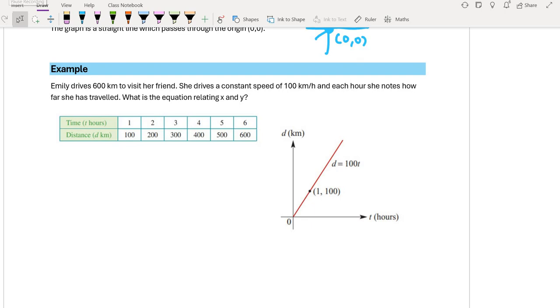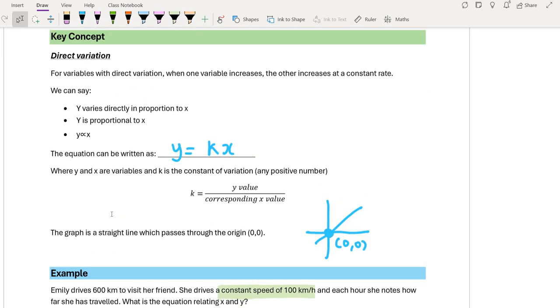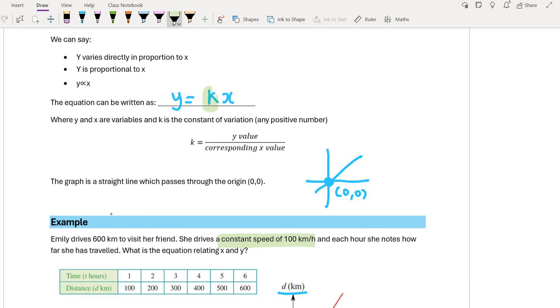So let's look at this example together. In this example, we're looking at distance and time, and it's saying that it goes up at a constant speed of 100 kilometers per hour. If something goes up at a constant rate, this means the k value is there and it's not changing.